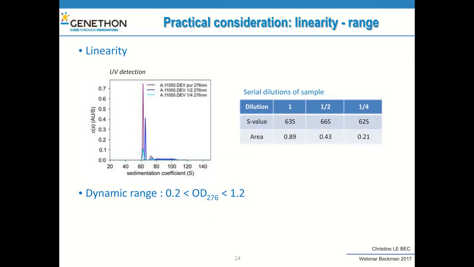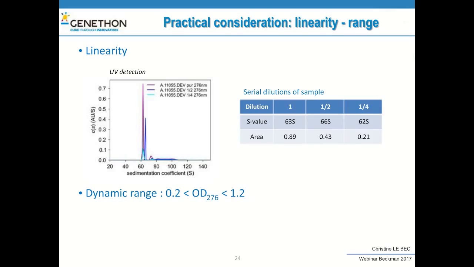We also looked at the linear range of the method. For that, we took one batch and ran the experiment undiluted in purple, diluted by half, and diluted by 4, and we can see that the S value is almost the same, around 62 to 66.